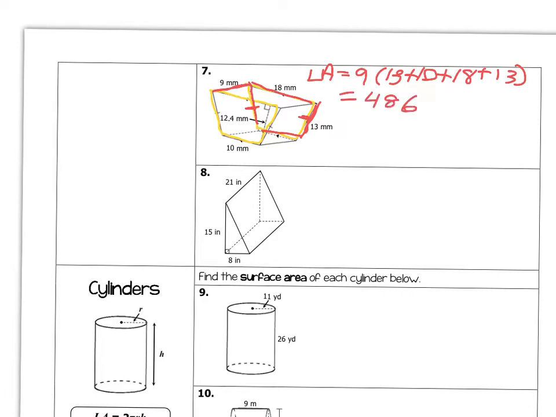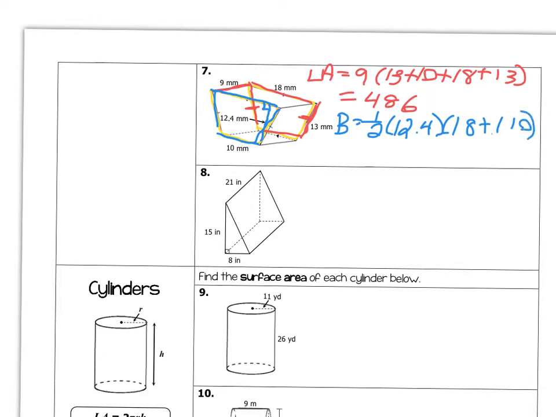And so the next thing we need to do is find the area of our trapezoid. So the area of our base is 1/2, and then you can see where the height is. The height is right here because of the little square, which is 12.4. And then base 1 is 18, plus the top one, which is 10. We're going to multiply that by 2.